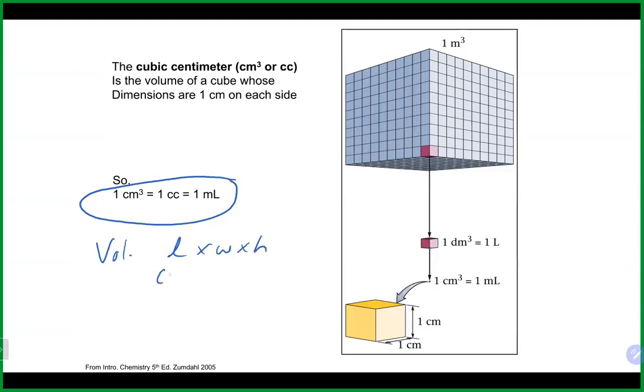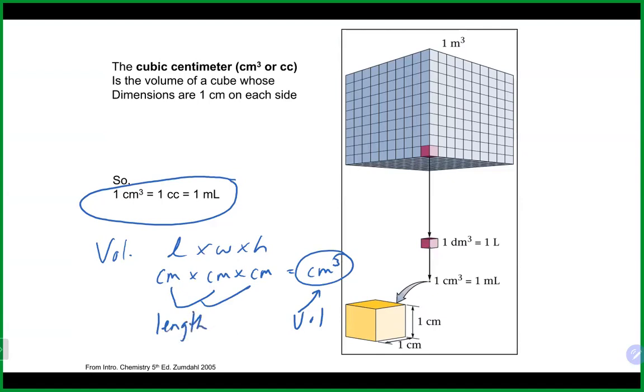If each of these were measured in, say, centimeters, and we multiply them together, that is how we get our cubic centimeters, which once again is a volume. Each of these individual measurements are length measurements, right? So whenever you take any type of length measurement and you cube it, it becomes a volume.